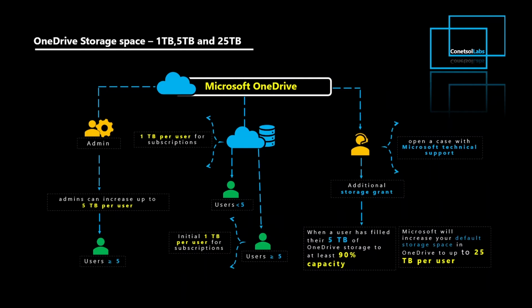If you're worried about allocating more storage to users, as an admin we can set a lower limit. Admins can increase or decrease the storage space of individual users or the default storage space.